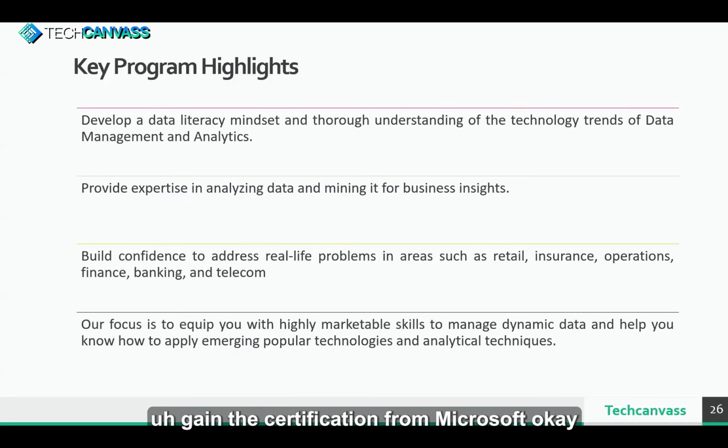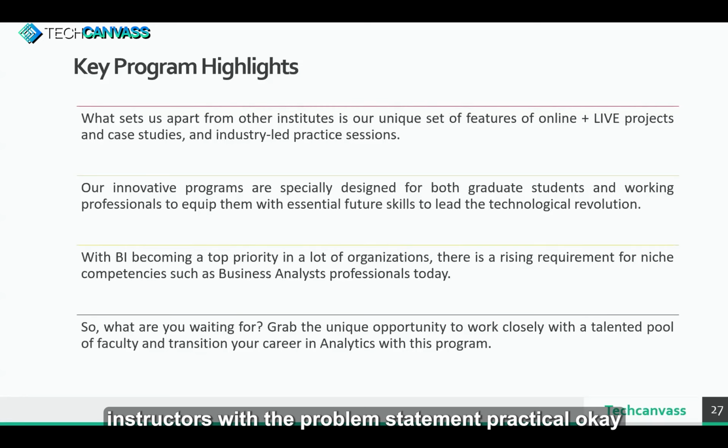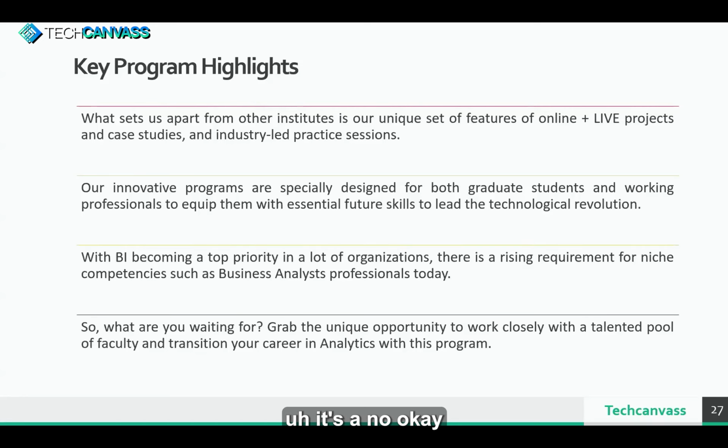You will have live sessions led by highly experienced instructors, with practical problem statements. There are three or four basic pillars you need to understand. Irrespective of which expertise or domain you come from, even if you don't have technical knowledge and skills, you will still be able to learn, because this course covers the basics from the SQL point of view and the modeling point of view, as those are the pillars of this knowledge.